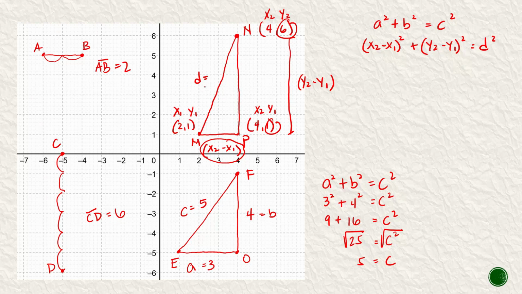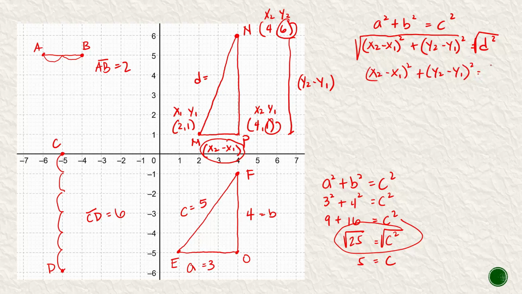But we want to know the distance specifically. So remember what we did here? We will take the square root of both sides. And there you go. That's our distance formula: d equals the square root of (x2 minus x1) squared plus (y2 minus y1) squared.